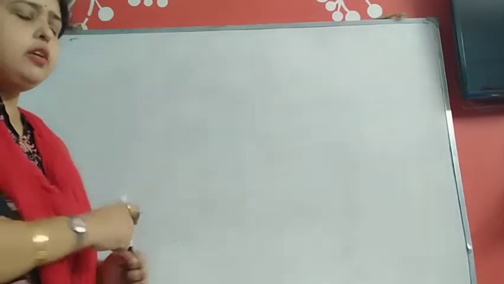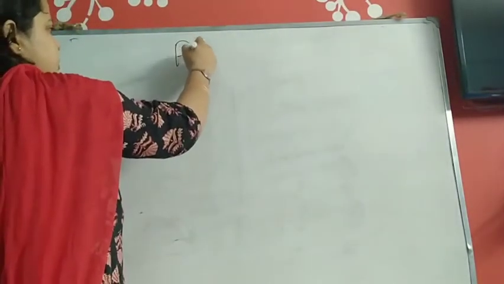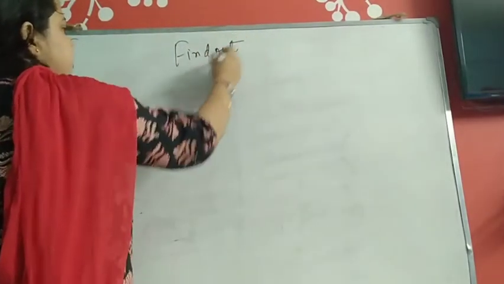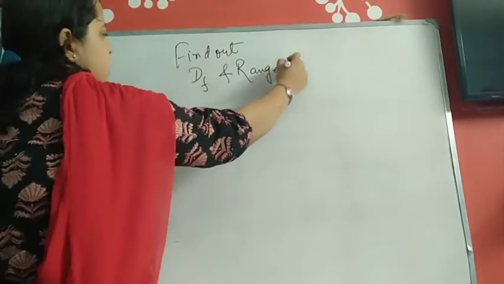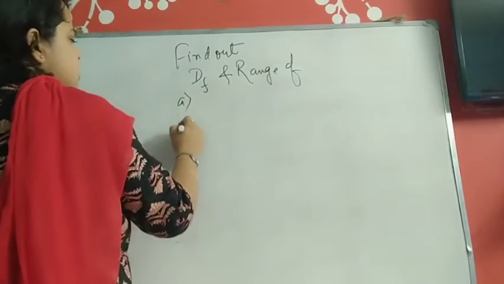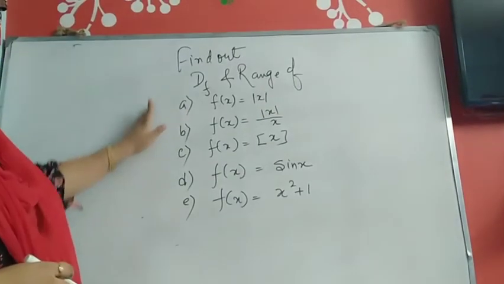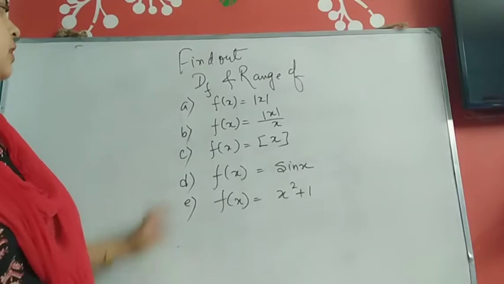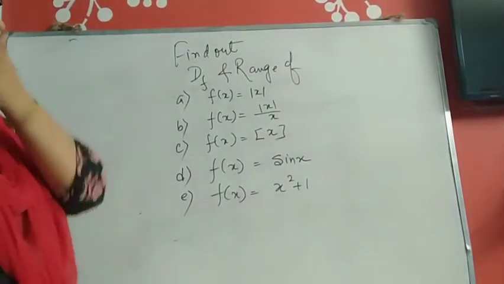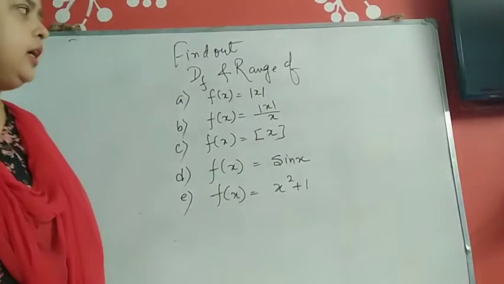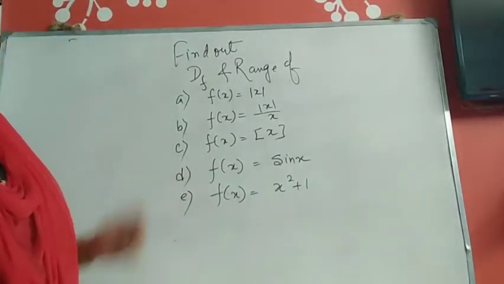That means a question will come that asks to find out the domain and range of certain functions. Please have a look at these functions. I have written a few functions in front of you, and we will be discussing verbally the domain and range of this type of functions.